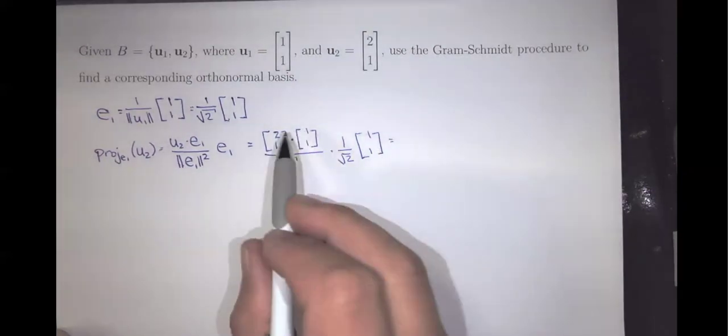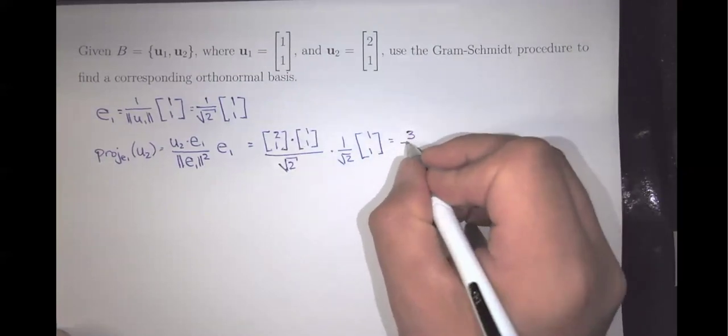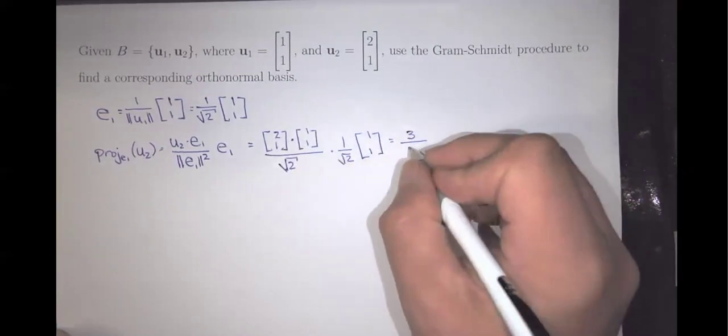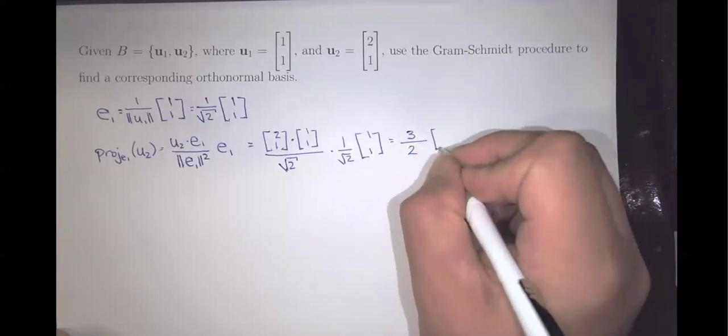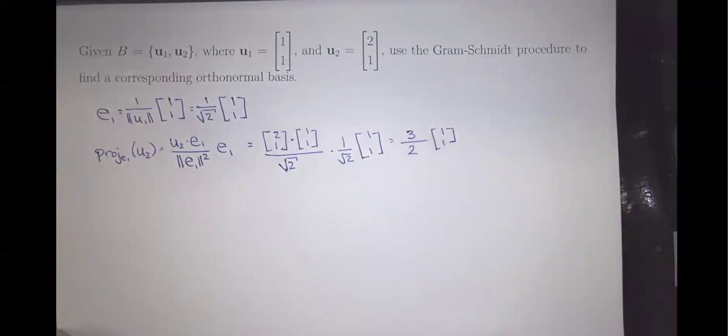So this dot product here is 2 plus 1, which is 3. Root 2 times root 2 is 2, times vector (1, 1). So we have 3 halves times vector (1, 1) as the projection of u2 onto e1.